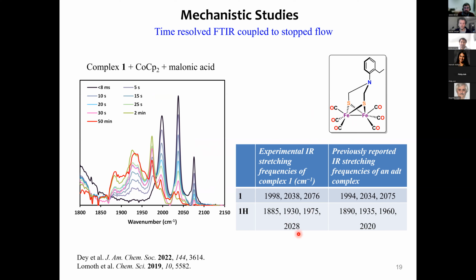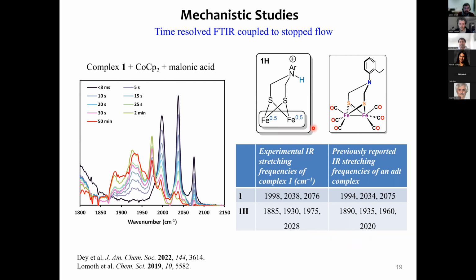So in presence of malonic acid and excess reductant, the stretching frequencies match with the earlier reported 1 electron reduced protonated species, which was reported by Lomoth and co-workers in 2019 in their Chemical Science paper.